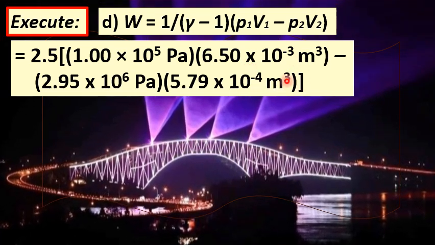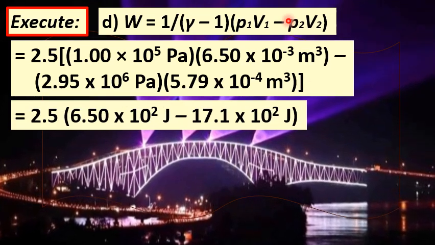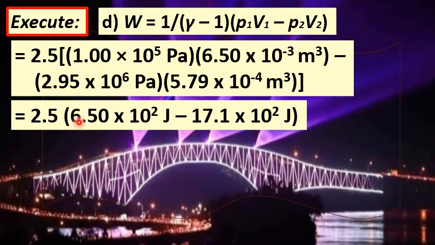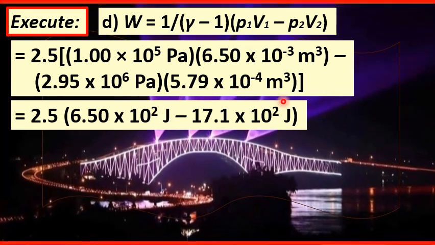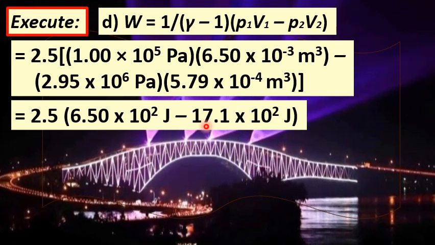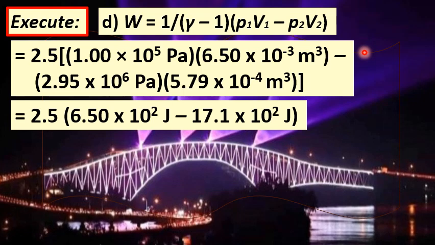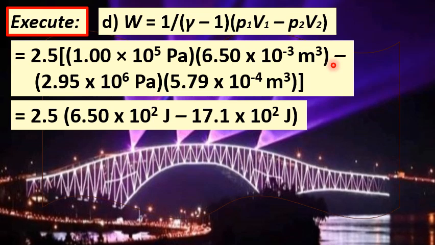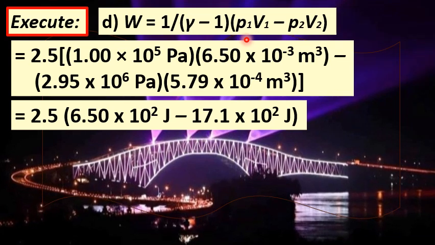All right. So again, simplifying, the result of multiplying P sub 1 and V sub 1 is 6.50 times 10 to the second power joules, while the result of multiplying P sub 2 and V sub 2 is 17.1 times 10 to the second power joules, since our formula says that P sub 2 V sub 2 will be deducted from P sub 1 V sub 1.